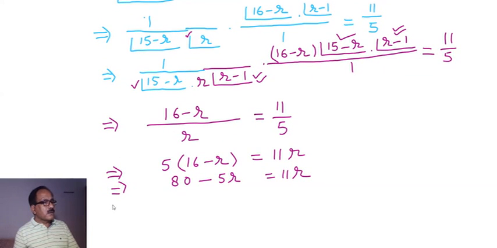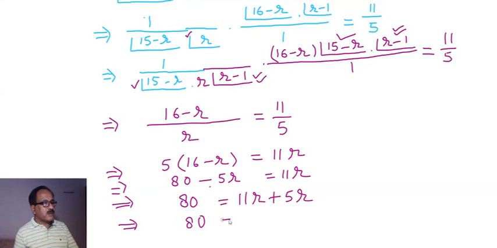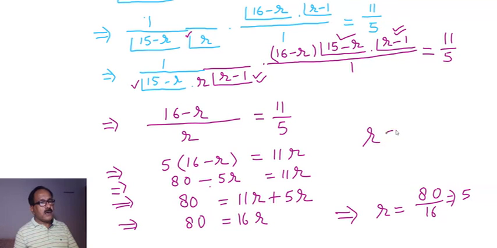See here, this 80 minus 5r transfer from left hand side to right hand side, 11r plus 5r, that is 80 is equal to 16r. Therefore, r will equal to 80 upon 16 is equal to 5. So, the value of r is 5.